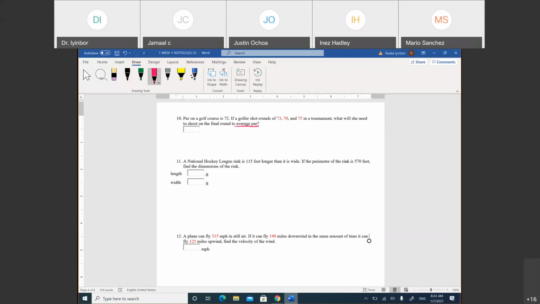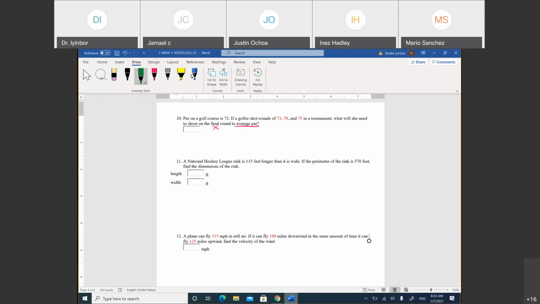So here we have the tournament, they're playing four different rounds, right? Let's say the final one is X. We don't know that, that's what you need to find. So we're gonna set up an equation.